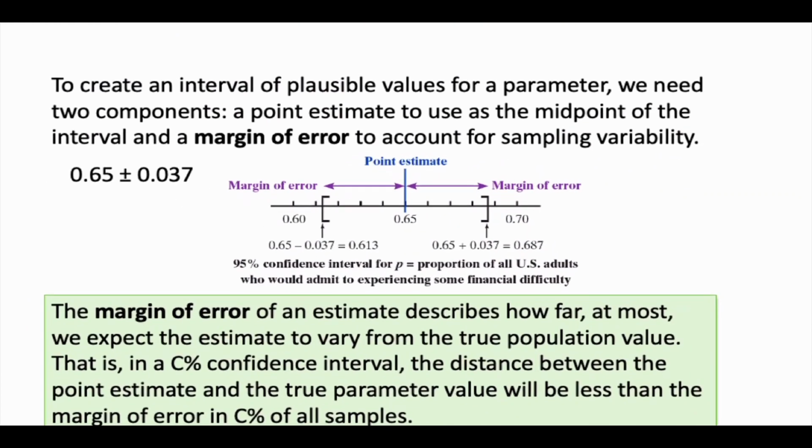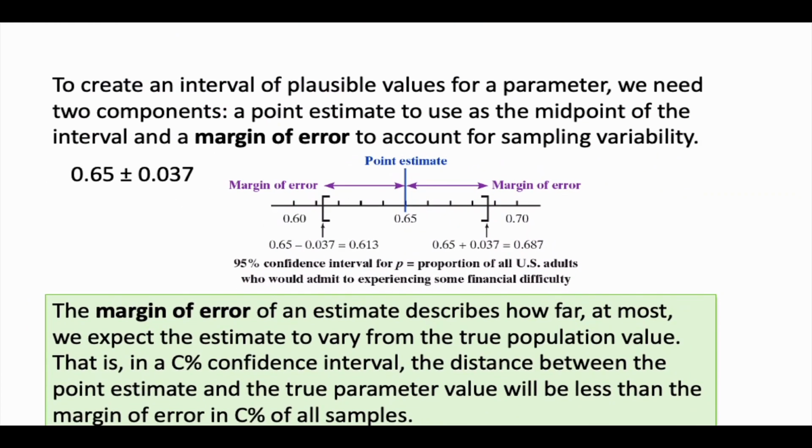The margin of error. Margin of error is accounting for sampling variability. Not sampling error, not doing the sample incorrectly, but just sampling variability. There's things that happen. So the point estimate is the middle, the center. Margin of error goes in two directions, the same value.